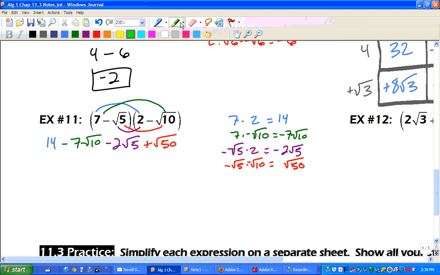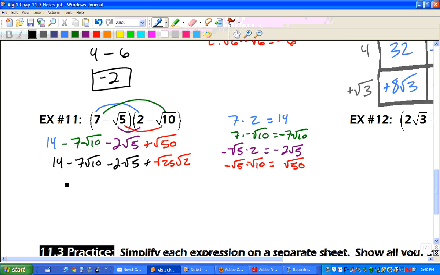Okay, so when you multiply everything out, this is what you get. The key thing is just to watch those negative signs. It's a negative times negative, so that's why that is a positive. Okay, so can we break anything down? And yes, we can break down the root 50. So this is 14 minus 7 root 10 minus 2 root 5 plus 25 root 2.